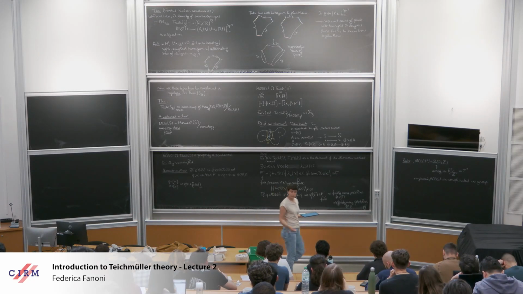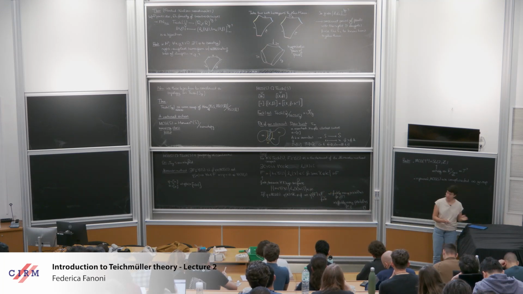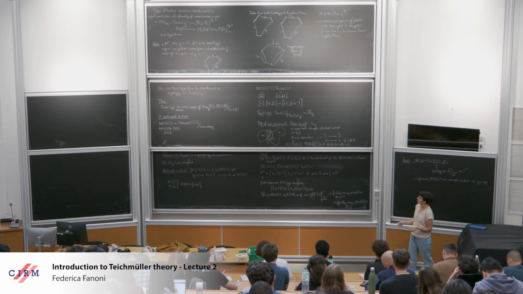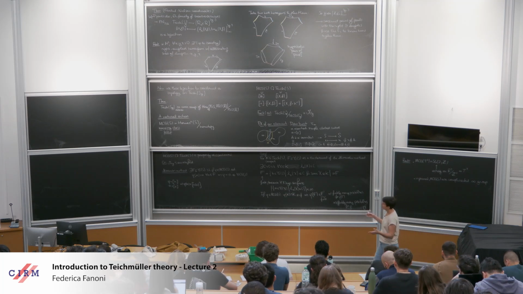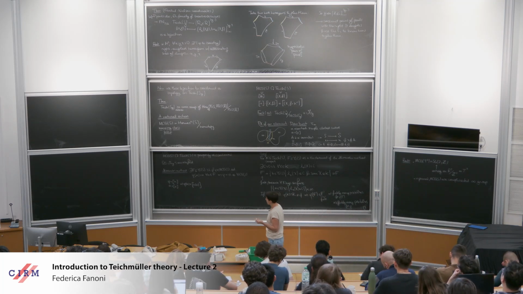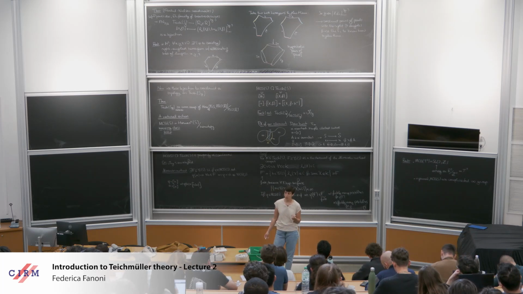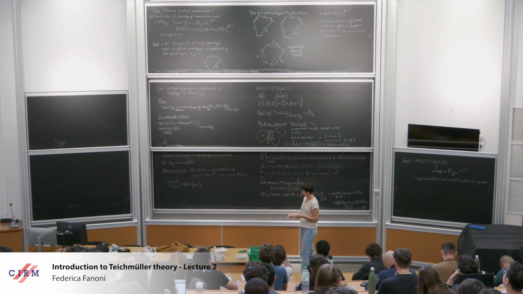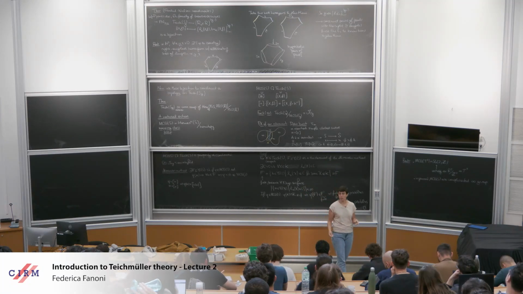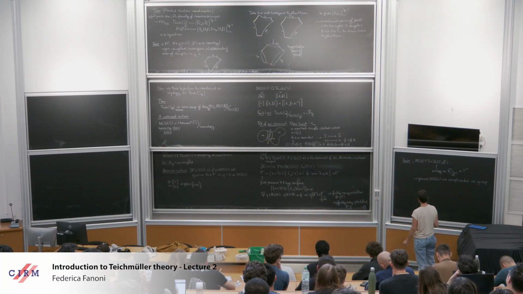So the next thing I wanted to do was talk a bit about, so far we've talked more about the topology. So what is this set? How can we topologize it? But we can also give a geometry to this space. There are multiple metrics one can construct, and I'm going to talk about one, which is called the Teichmüller metric.